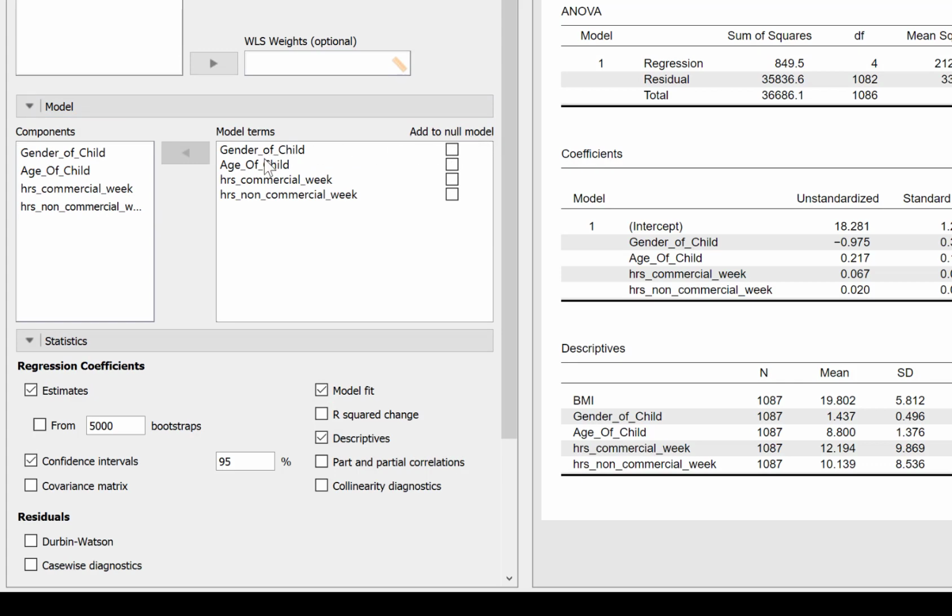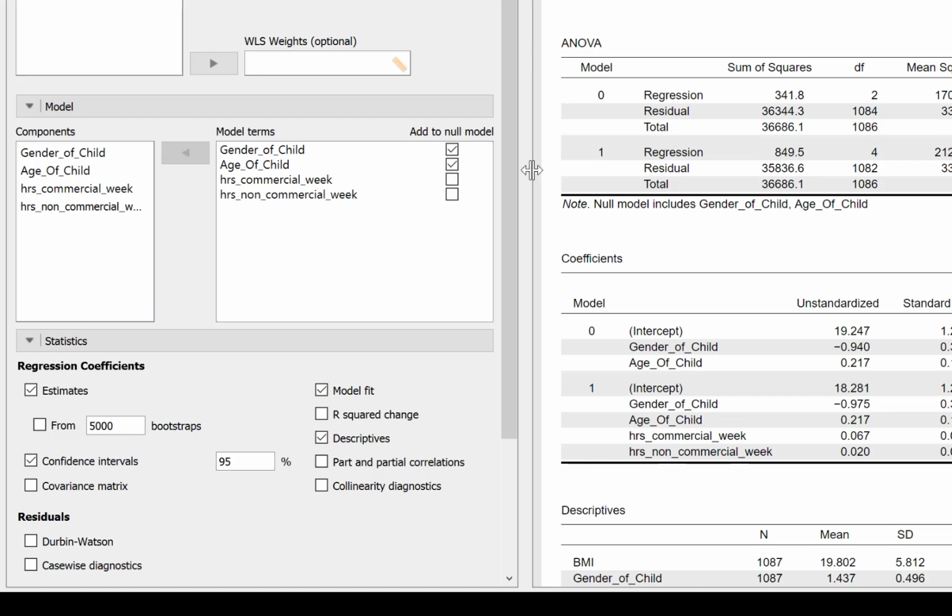So we can say, okay, we want to break our model into 2 parts, and we want to control for these factors and see how much variance the other 2 factors predict after controlling for these. So we just simply tick and tick.